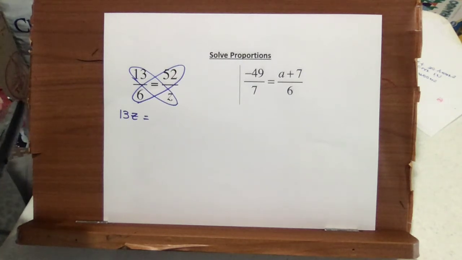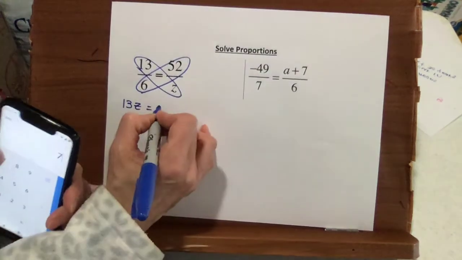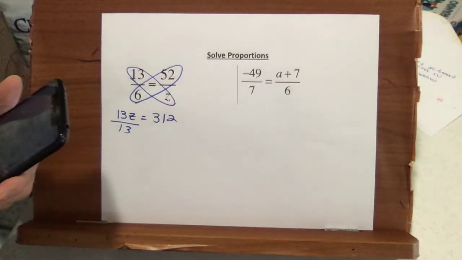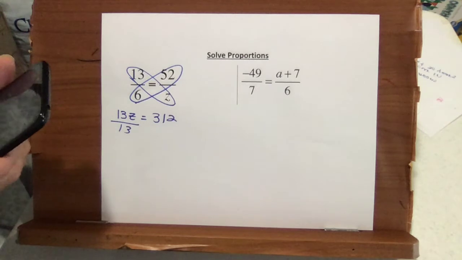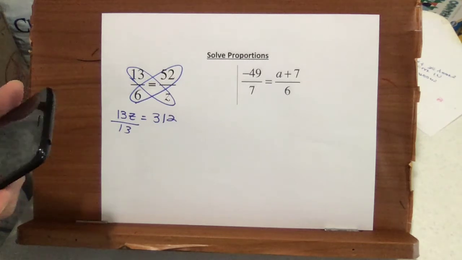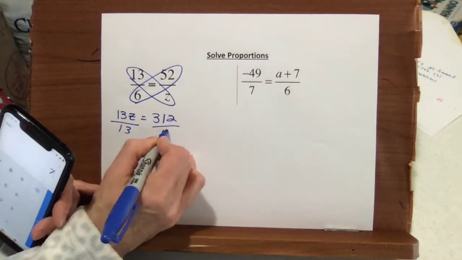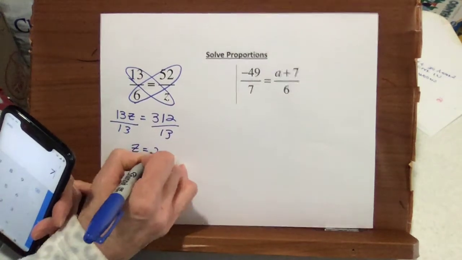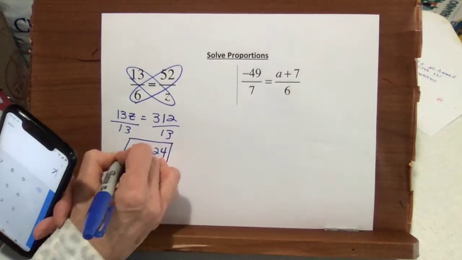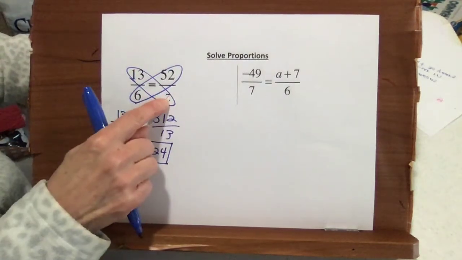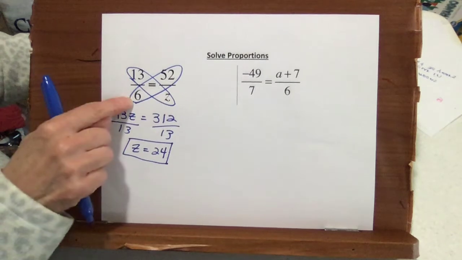So 52 times 6 is 312. You're going to divide by 13. So 312 divided by 13, and we get 24. And that's our answer. Now to check yourself, 52 divided by 24 reduces to 13 over 6.